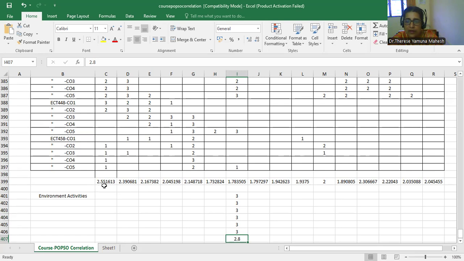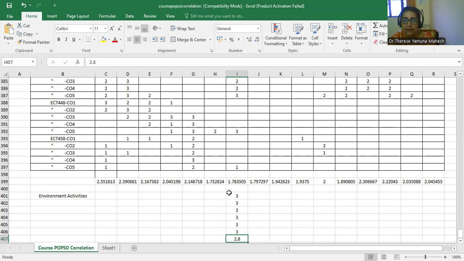So naturally, POs 1 to 5 have high values, 2.5, 2.3, 2.16, all are above 2. POs 1 to 5 have values above 2. And if you see the values of the other POs, that is 6 to 12, most of the POs have not crossed 2. Okay. So this is our gap in our attainment values.